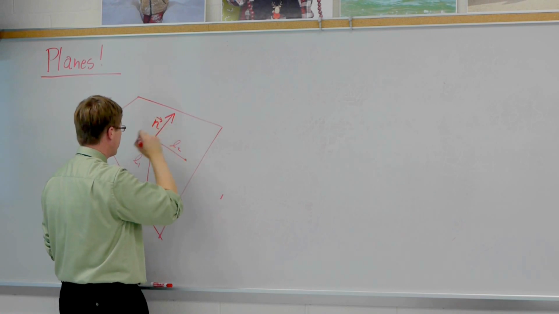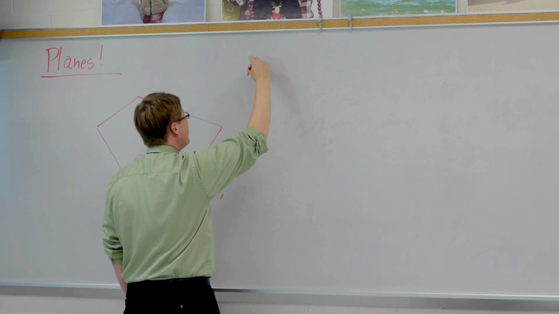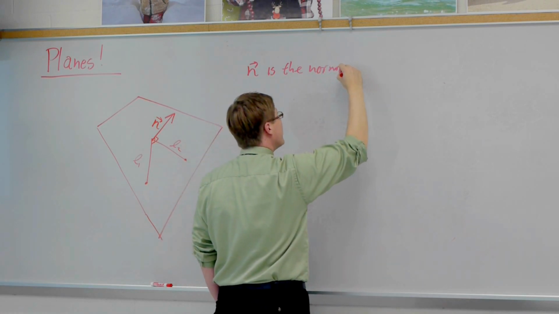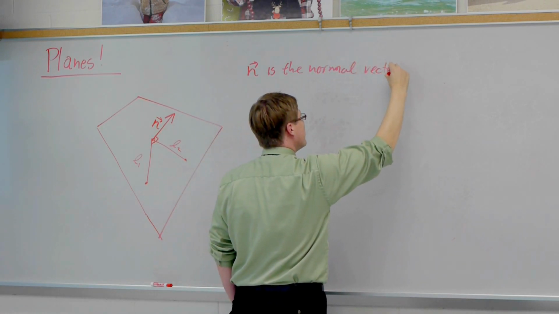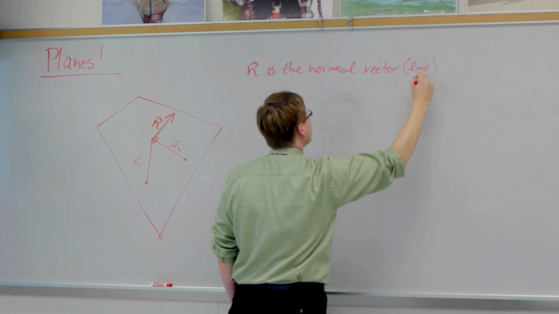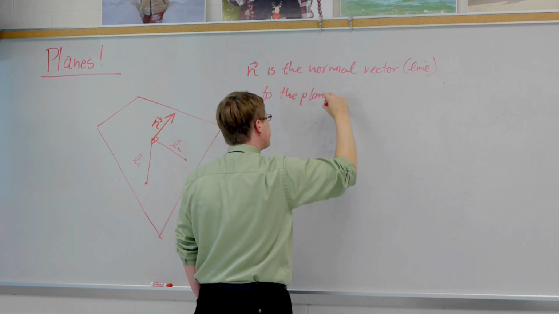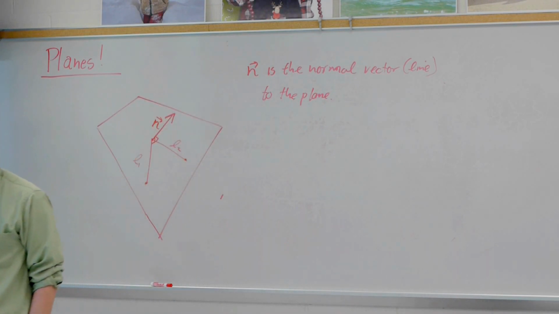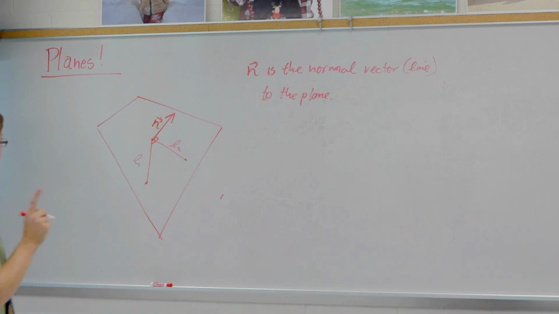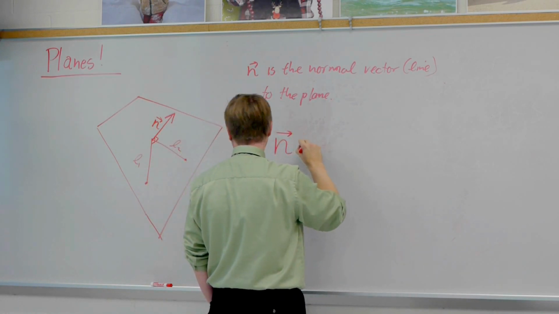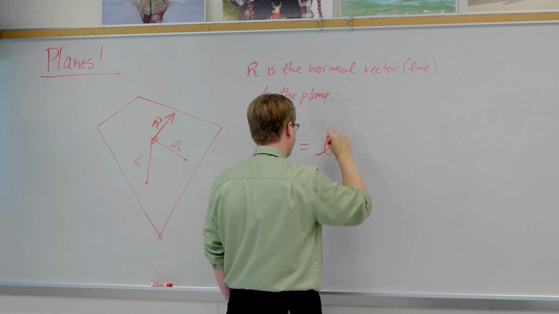This N is called the normal vector, or line, to the plane. And N satisfies the following equation. We talked briefly about cross product a couple weeks ago.